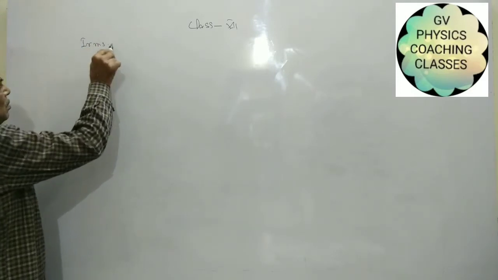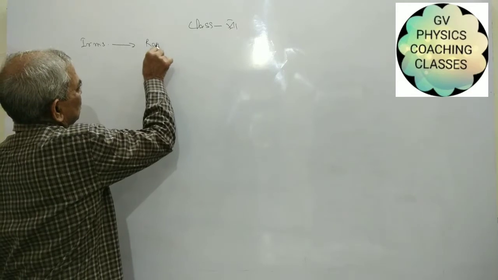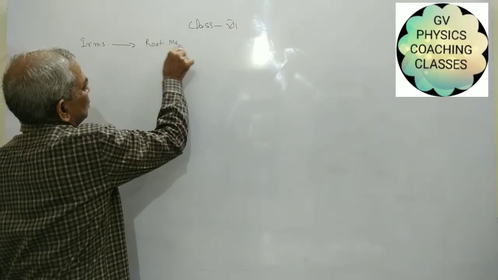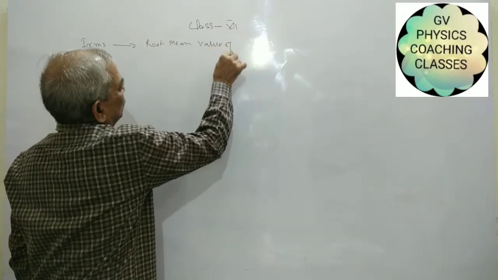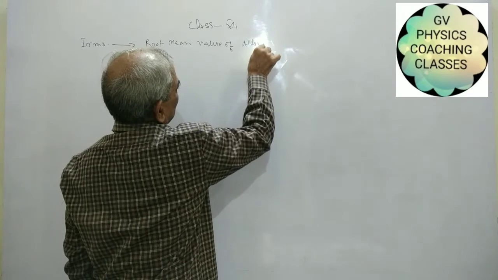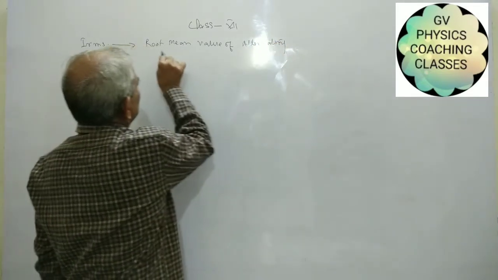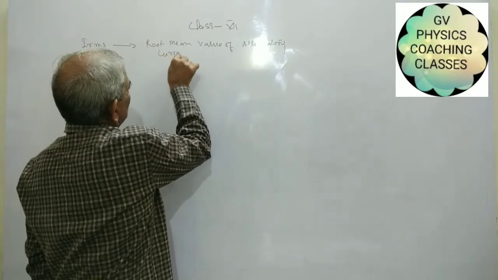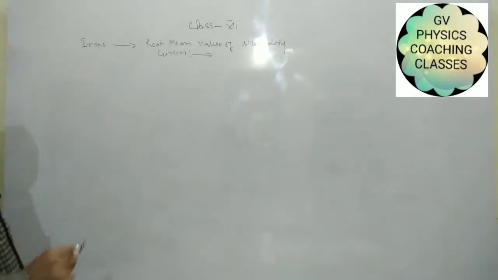IRMS, or root mean square value of alternating current. First of all, the definition.